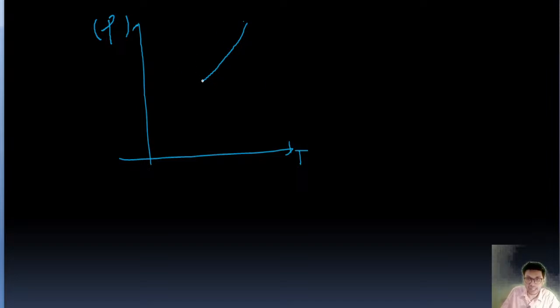But at a certain temperature, Tc, this resistivity becomes 0. So this is the normal conductor, guys. And as it becomes 0, the conductivity is infinite, and this case is superconductor. After this point, the normal conductor becomes superconductor.